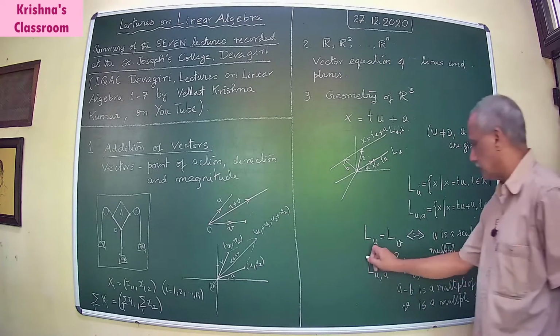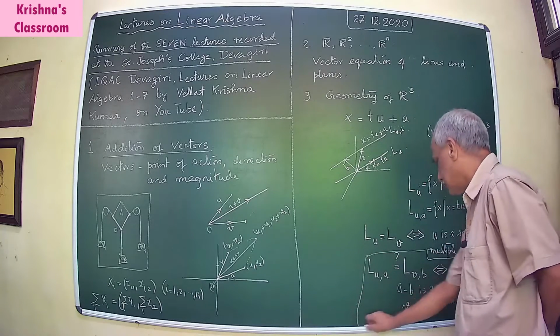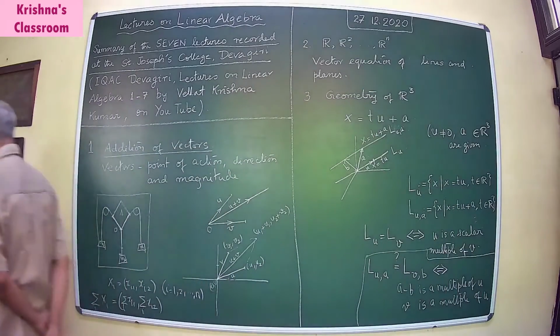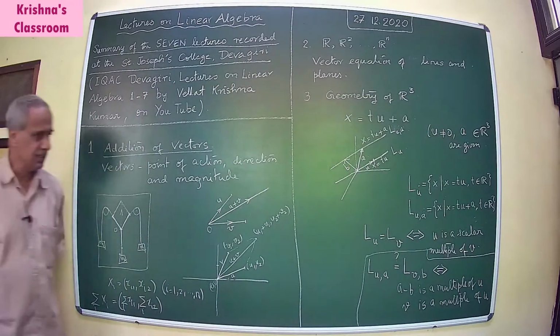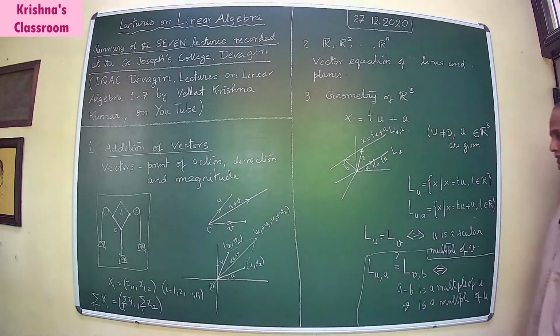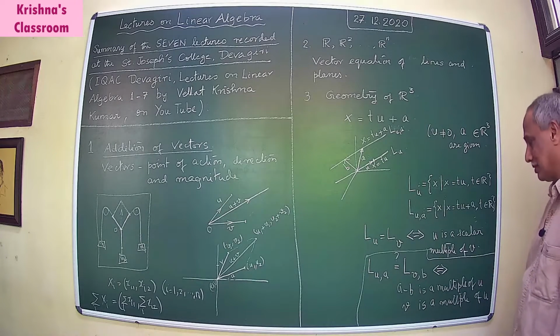Now this is a beautiful question. When do these two lines become one and the same? In fact, proving this would give you a very good exercise on how to write proofs of mathematical theorems.